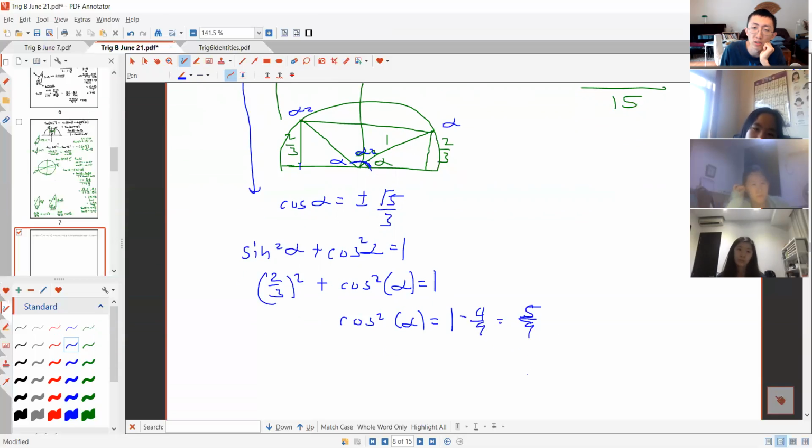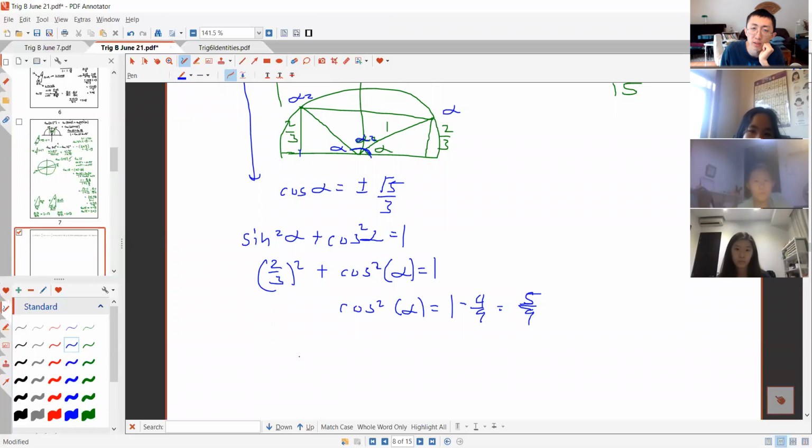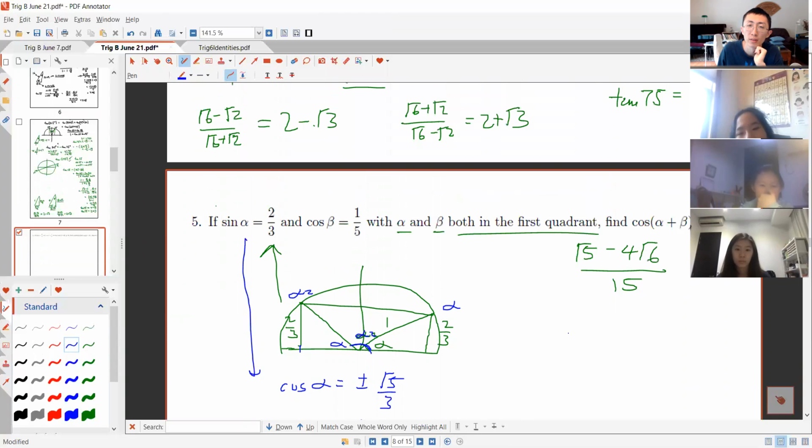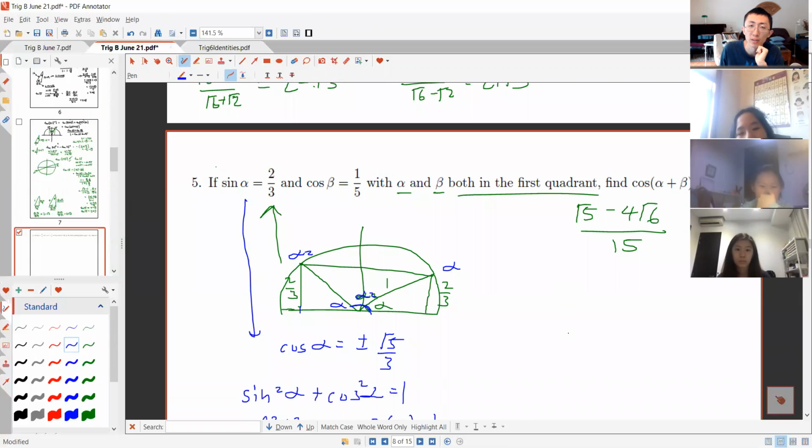So if we're not told that alpha is in the first quadrant, it could be in the second quadrant, in which case cosine alpha is negative root 5 over 3. So there's two possibilities. And it's the same thing for cosine beta.